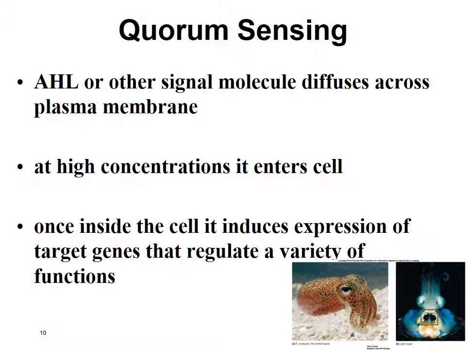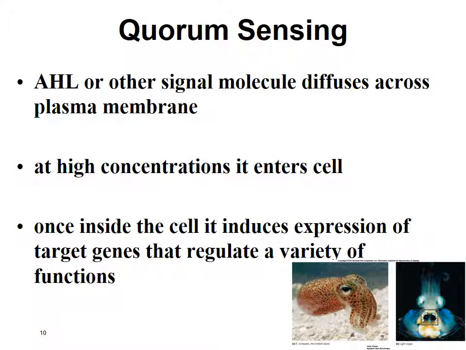So for instance, imagine the light produced by one cell of the bioluminescent bacterium. It wouldn't be visible. But cell densities within the light organ of marine fish and squid reach about 10 to the 10 cells per milliliter.